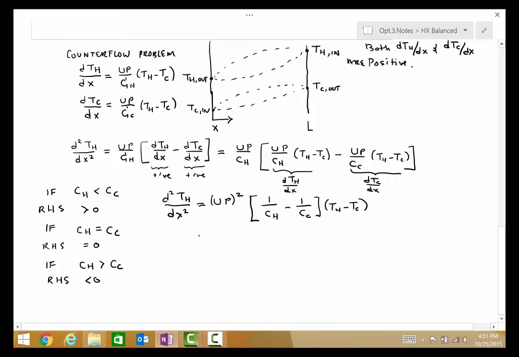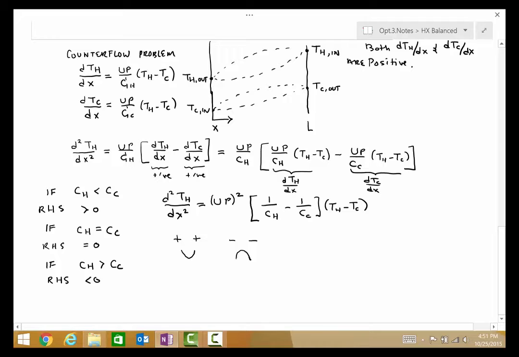Now there's an old rule about the second derivative showing the convexity or concavity of a curve. The simple way to remember is that if the second derivative is positive, you have a curve that looks like that. If the right-hand side is negative, you have a curve that looks like this.